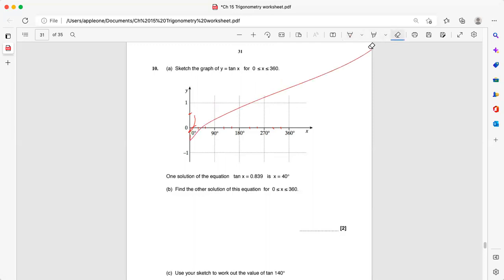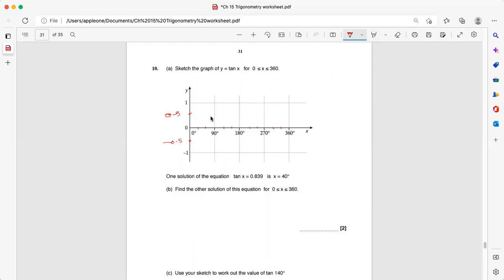Okay, now 0.5 is here, and minus 0.5 is here.